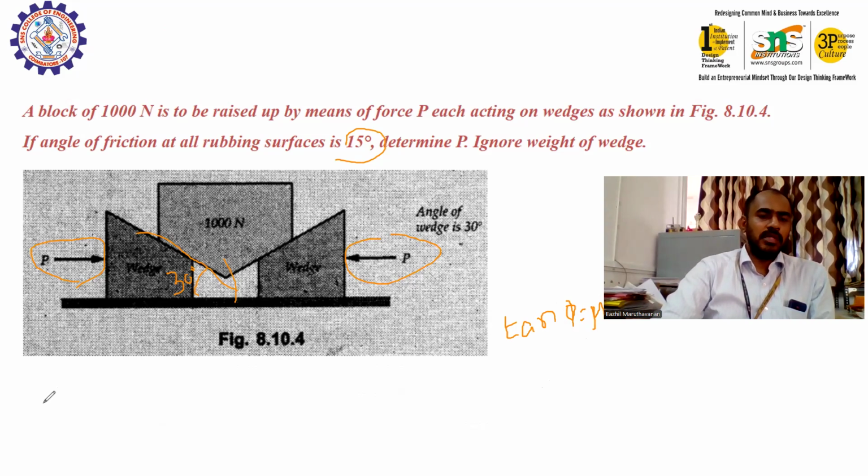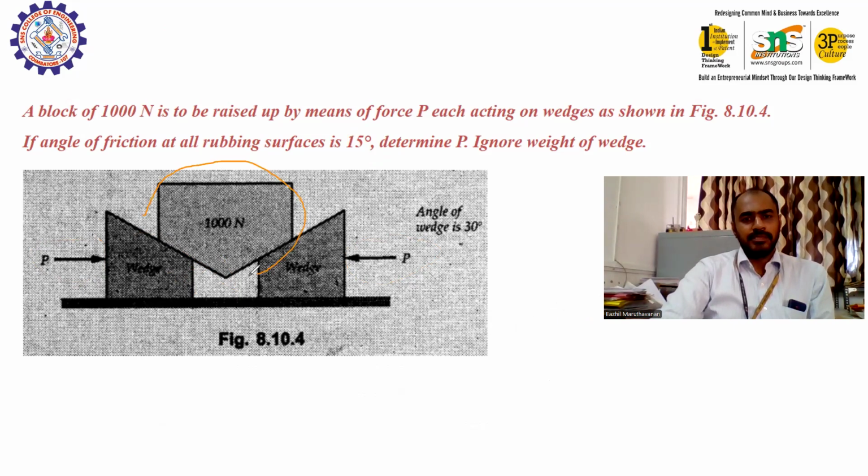Initially, let's solve the problem by completing the free body diagram. To solve it, first we consider the block. The weight of the block acts perpendicular to the ground plane. Then there will be a normal reaction at the contact surface, so this is the normal reaction for the block.